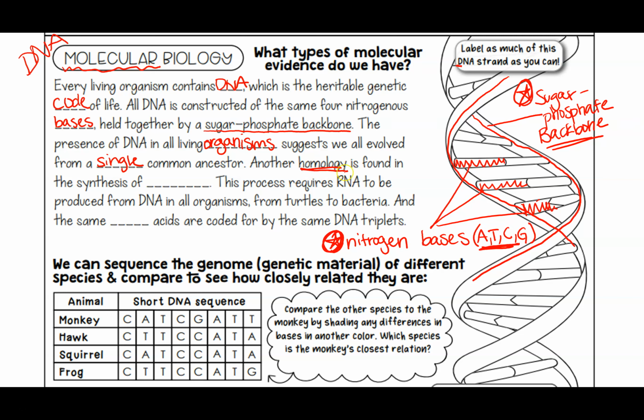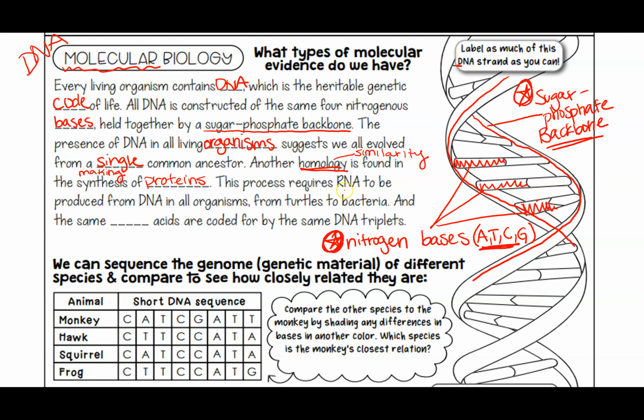Another homology. Remember homologous structures? Homology just means similarity. Another homology or similarity is found in the synthesis of proteins. Remember protein synthesis? That's just making proteins. So if you want to say making, right up here.